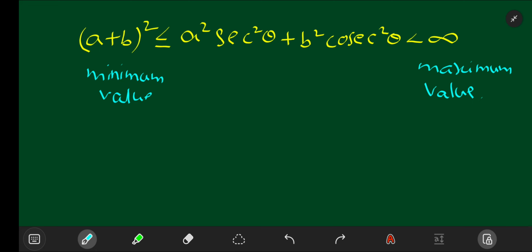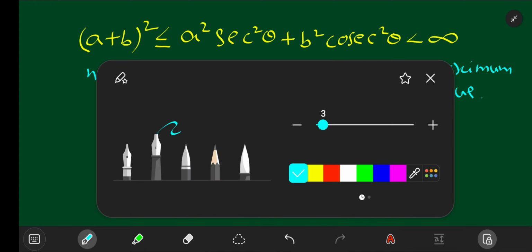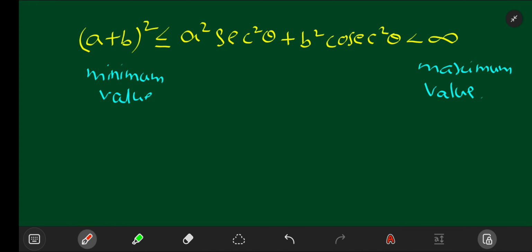In the examination, most of the times only its minimum value is asked. So it is important to remember its minimum value formula. I will star mark it. Remember this minimum value formula, a plus b whole square.